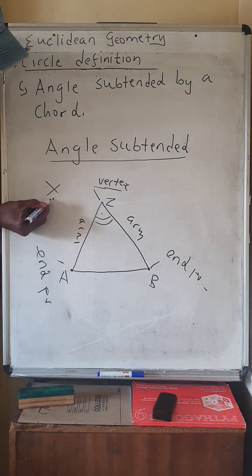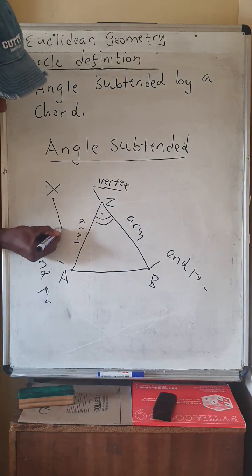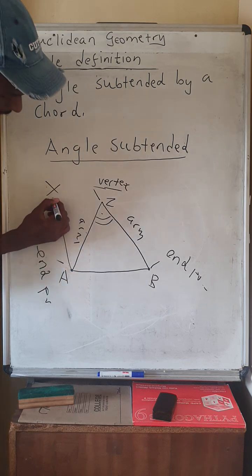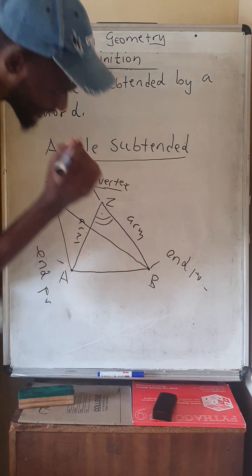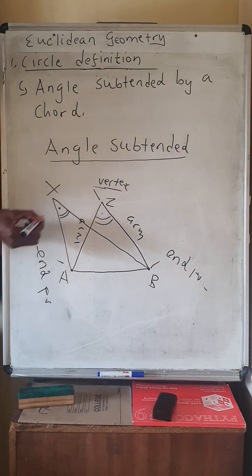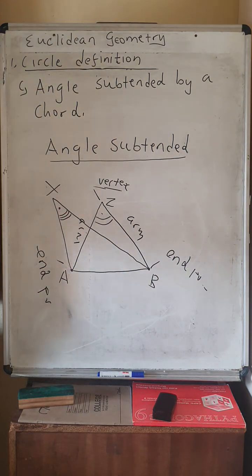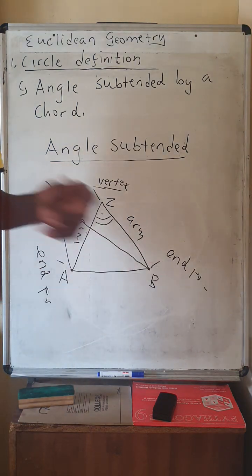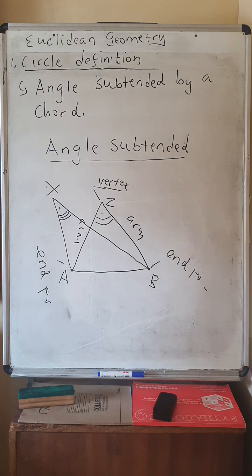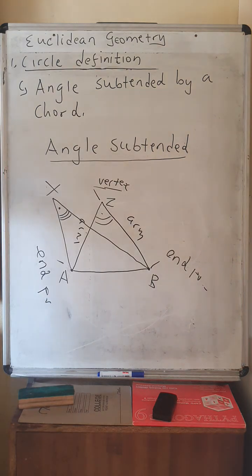So now, let me have the first arm. The first arm will touch A, and the other arm must touch B. In this case, we say angle X is also enclosed or subtended by line segment AB. So that is how an angle can be subtended or enclosed by a line segment.